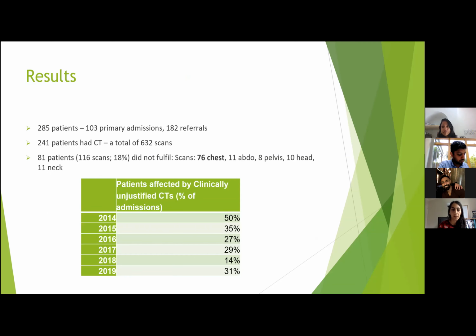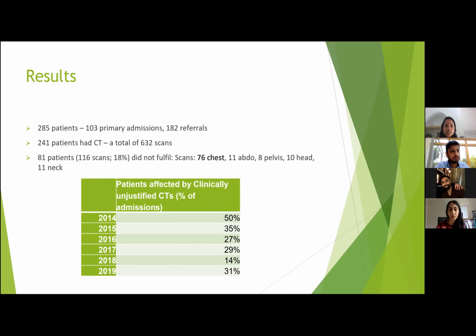So the results were quite interesting. 241 patients had CT, and this was a total of 632 scans. Almost 20% of those scans did not comply with the guidance for irradiating children, and this actually affected a third of patients. By far the majority of scans that were non-compliant were chest CTs, followed by abdo, pelvis, and head and neck.